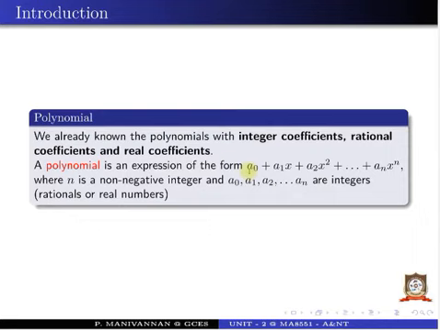It is a polynomial where n is non-negative; n is only positive or zero, so n must be non-negative. a0, a1, ..., an are integers, rationals or real numbers. Integers are rationals, and rationals are real numbers. Here we will discuss real polynomials, rational polynomials or integer polynomials.